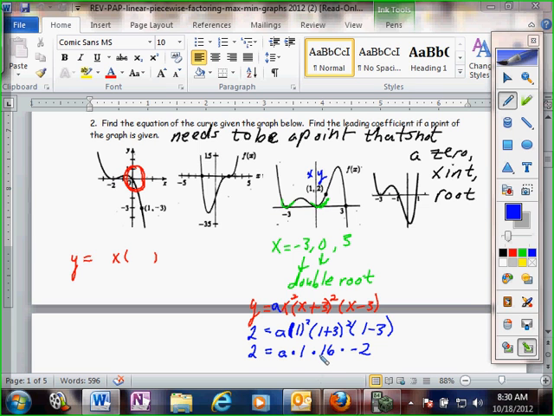Continuing, 1 times 16 is 16, and 16 times negative 2 is negative 32, and negative 32 times a is negative 32a. Bring it up here, give myself a little more room. So I have 2 equals negative 32a.